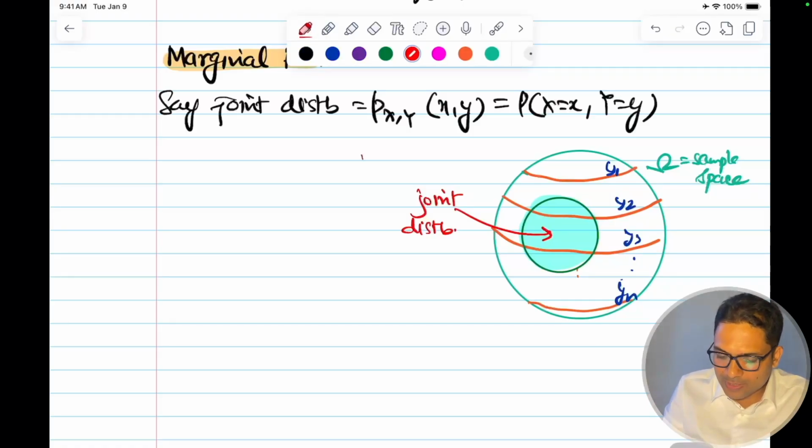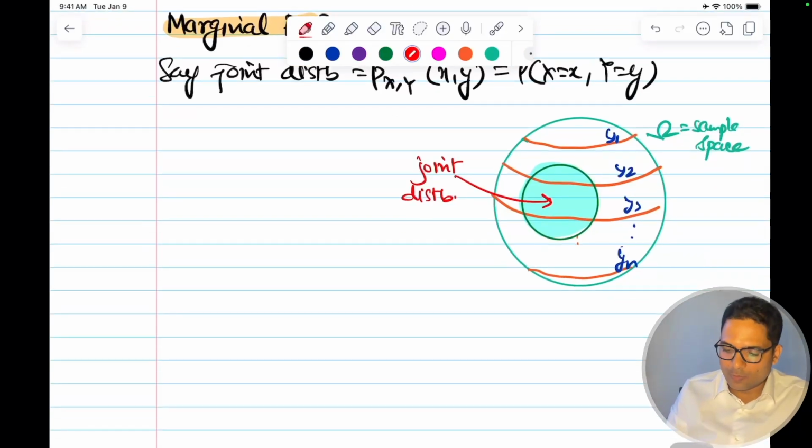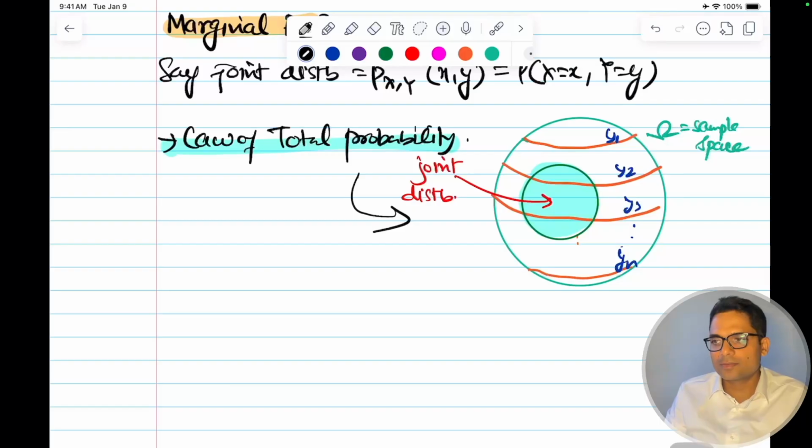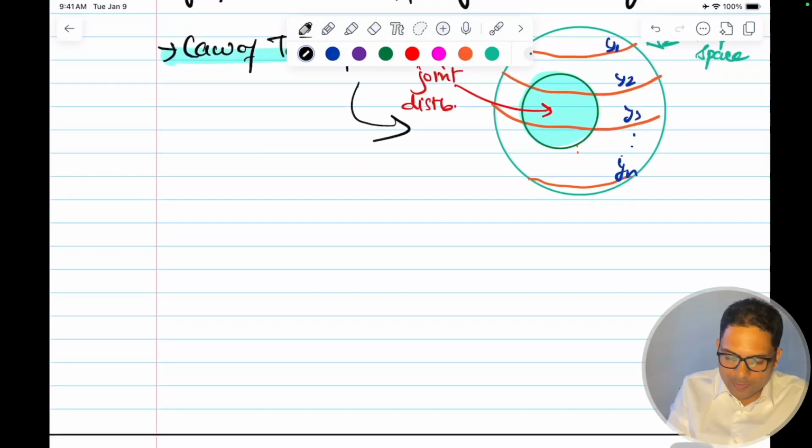For finding the marginal distribution of x, we'll have to do this. This is from the law of total probability. Probably I'll put the link of that video also, just to explain the law of total probability again. So what are the properties of this?